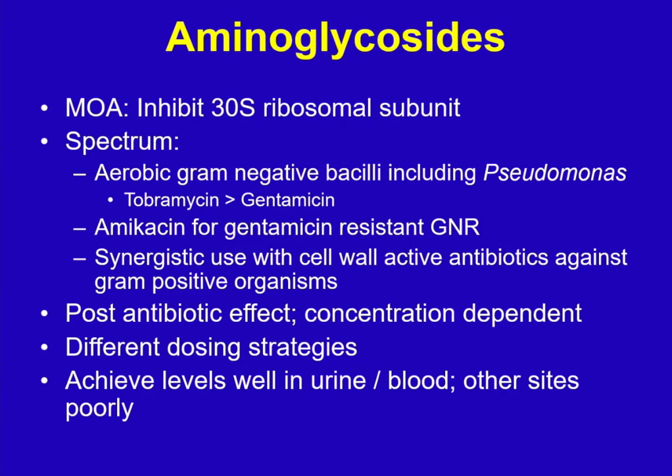It does have gram-negative activity, but it's a synergistic issue, whereas Tobra is really more of a gram-negative agent, with a little bit better pseudomonal activity over Gent. Amikacin requires a little bit more work to get resistance to it, so it's used in our subsequent spectrum, so to speak, of aminoglycosides to hit our more resistant gram-negative rods.